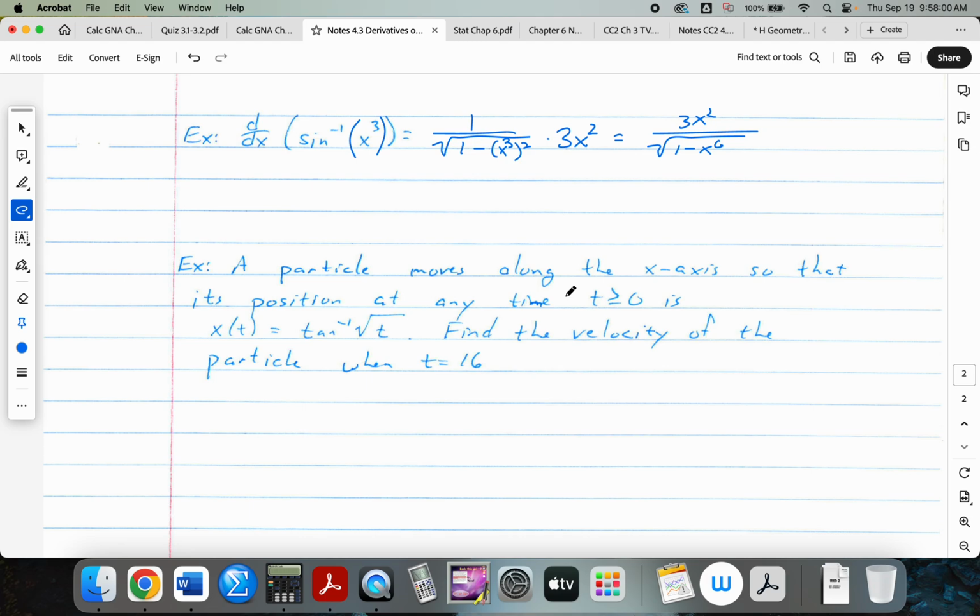So you're working backwards. It's called anti-differentiation. And as a general rule, anti-differentiation is harder than differentiation because there's not a rule for everything like we have for derivatives. It's what derivative rule could I use in reverse? So it's a little more difficult.